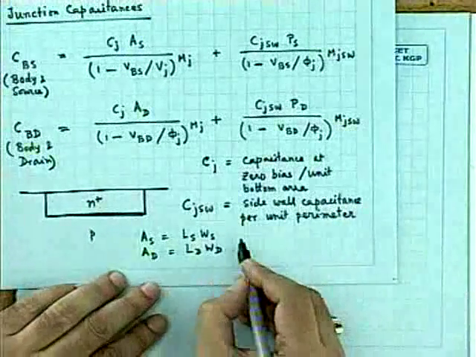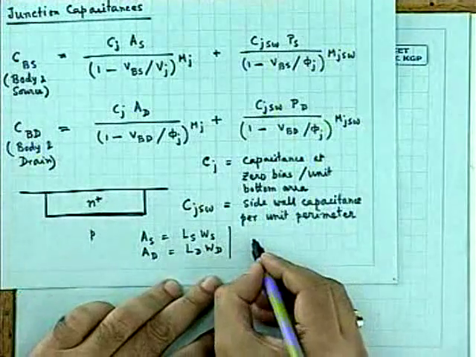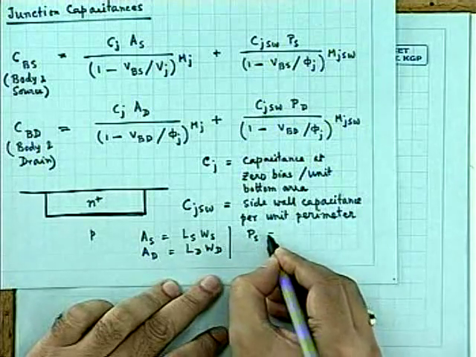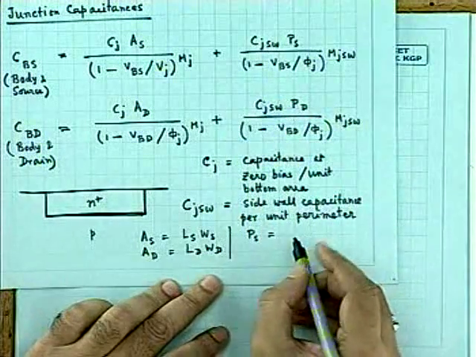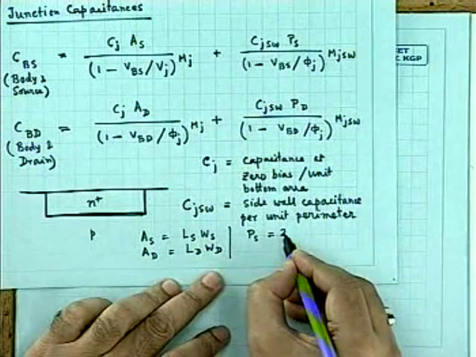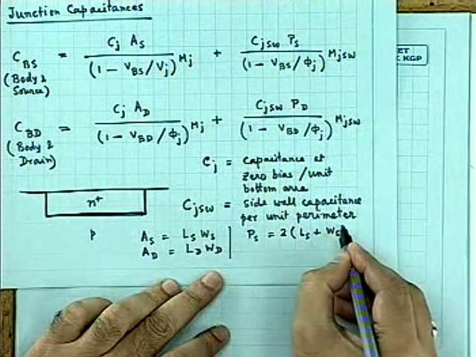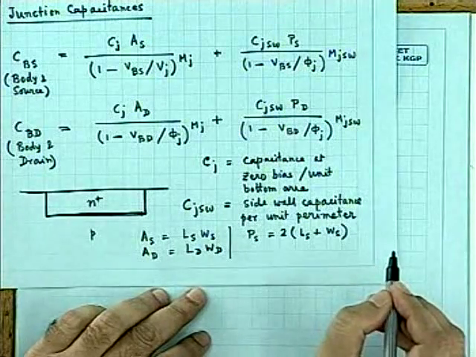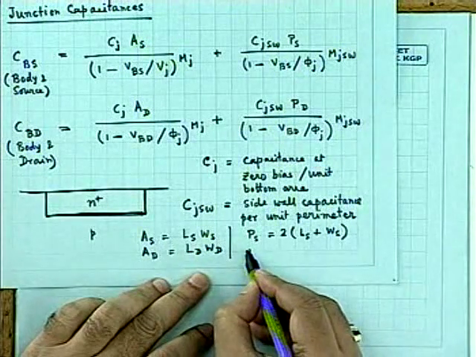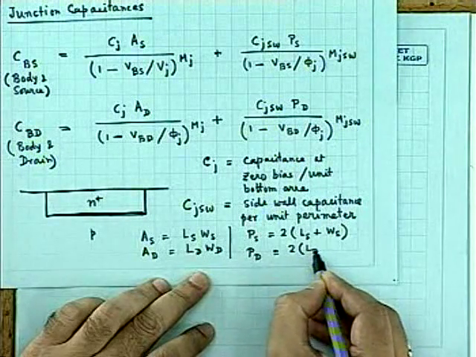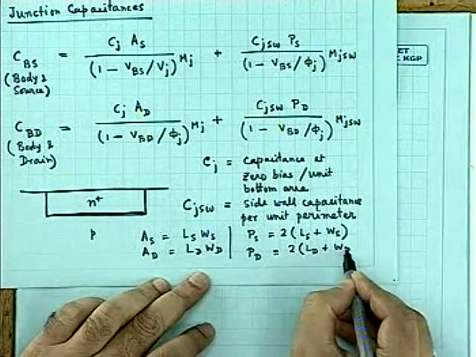Whereas these PS and PD values are the perimeters. The perimeter PS will be 2 into LS plus WS and PD will be 2 into LD plus WD.